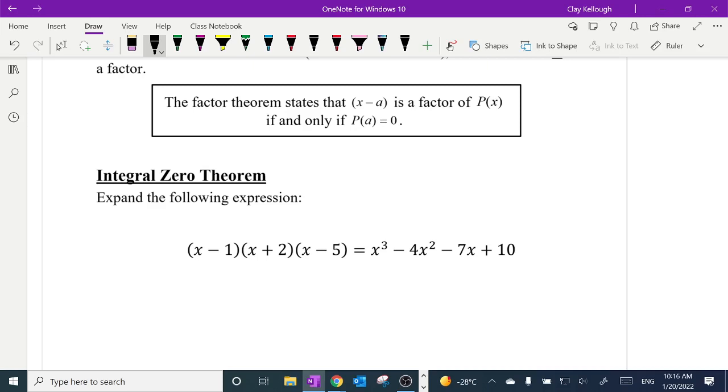So notice that this 10 here has to for sure have factors, if it has factors, that are comprised of numbers here that are its own factors.